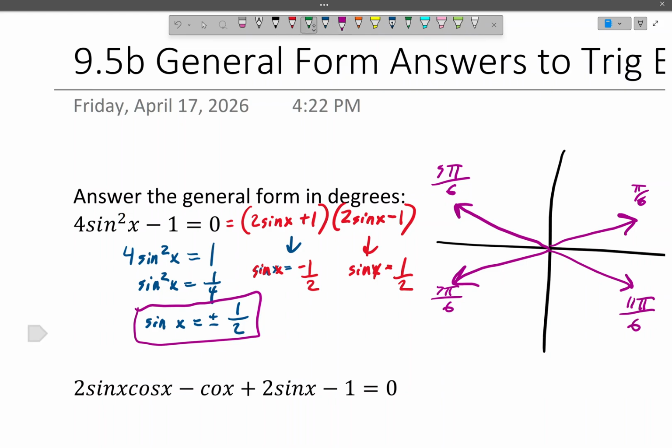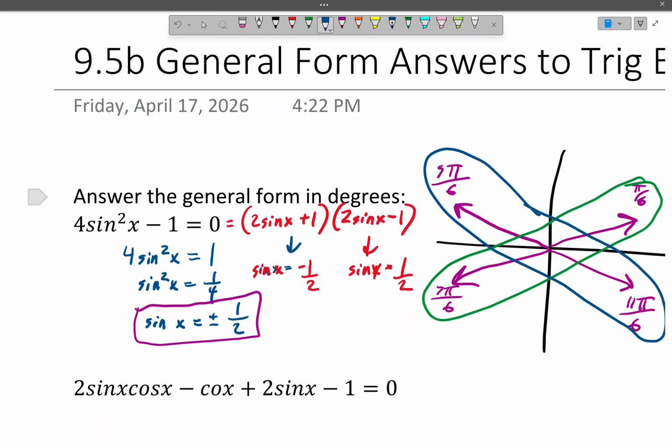Now, if you're doing this in general form, you can simplify this because these two match each other, they're 180 degrees from each other, and these two match each other, they're 180 degrees from each other. So we can write x equals pi over 6 plus pi k, where k is an integer, because they're 180 degrees from each other.